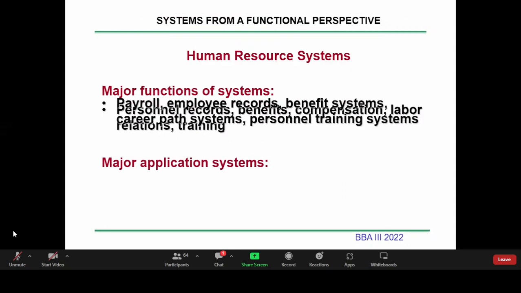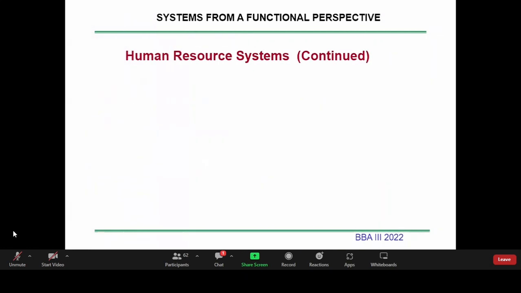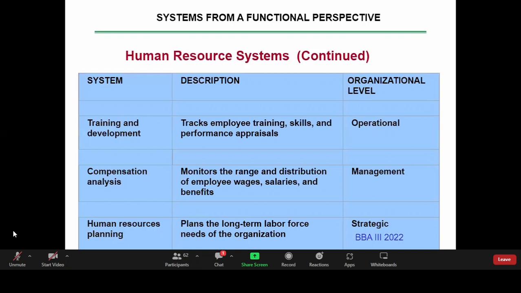And the major applications here are payroll systems, employee record systems, benefit systems, career path systems, personnel training systems. Training and development is at the operational level. Compensation analysis is at management level. Human resource planning now goes to the strategic level. I think that is clear.